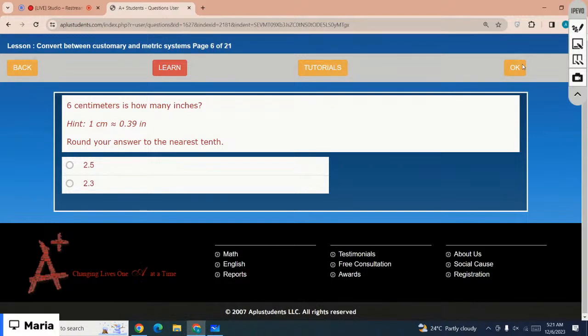You have to do 6 times 0.39, right? And that equals 2.3.